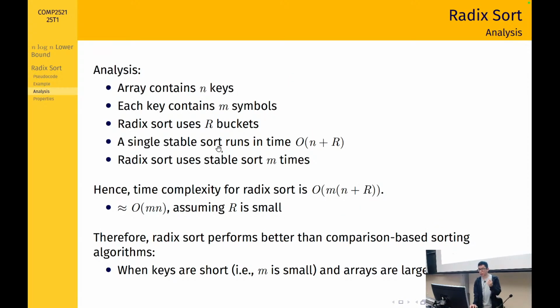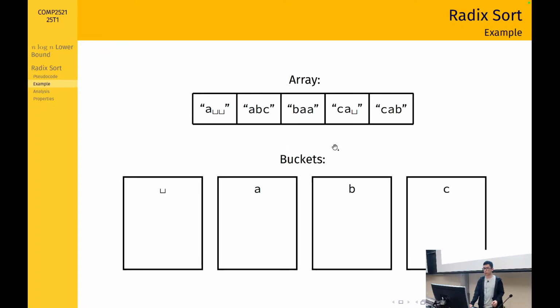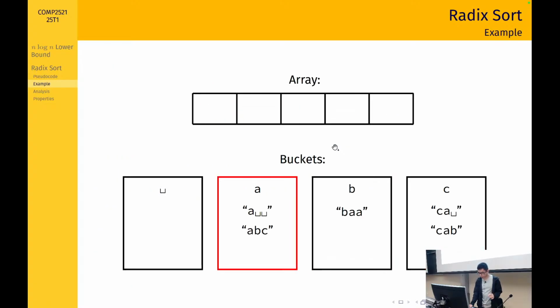And a single one of these stable sorts takes O of n plus r time. So why is it O of n plus r? That's because we needed to copy each key into the buckets. Each time we copy the key into a bucket, that takes O(1) time. Since we're doing it n times, that's going to be O of n.